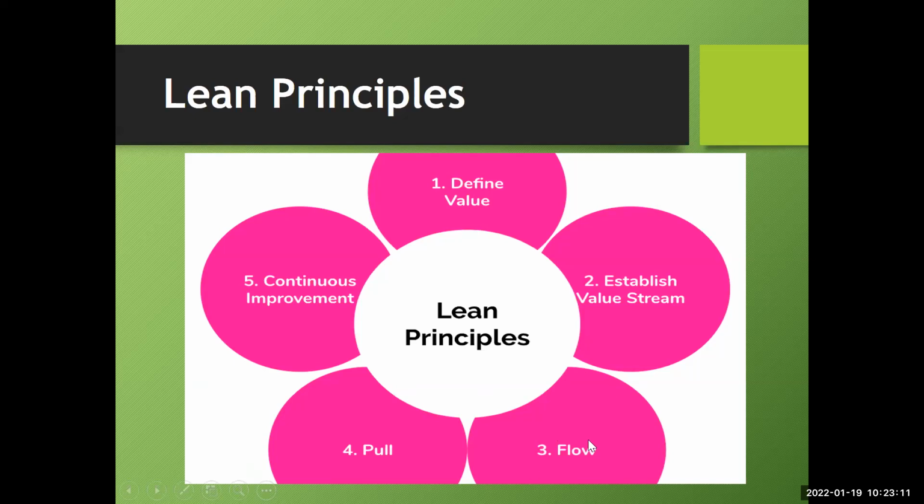The third principle is flow. Then pull: produce only what exactly the customer needs and wants. And finally, if we do all these things, we can achieve continuous improvement, which ultimately leads us to a sustainable future, to sustain my business.